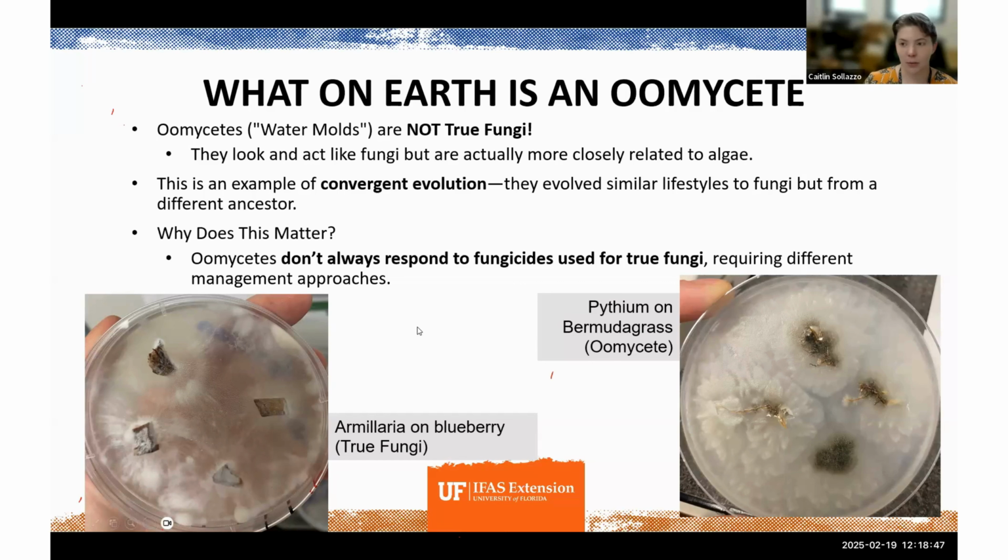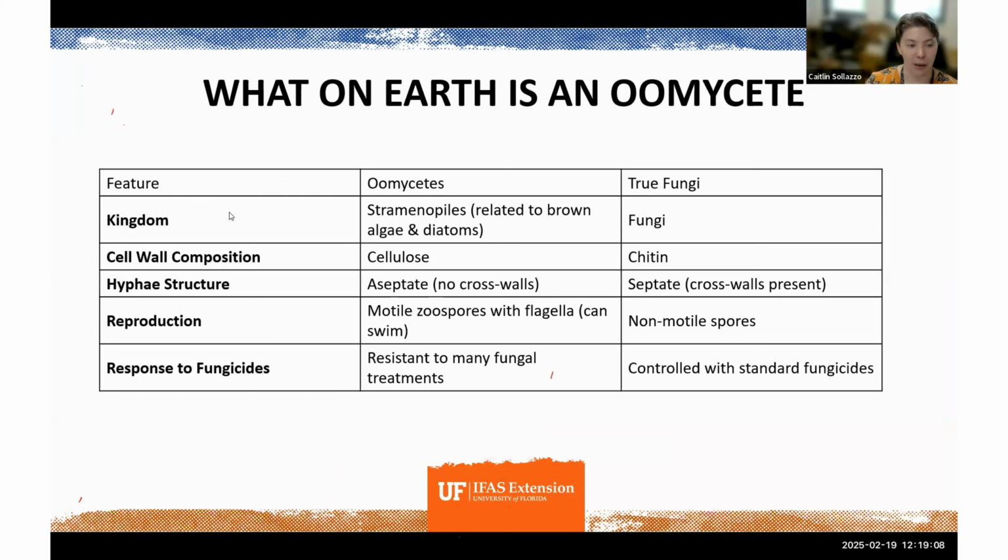But this is important for everyone to know because oomycetes don't always respond to fungicides the way true fungi do. So sometimes if you treat something with a fungicide and it's not working, it's because it's an oomycete. It is not a true fungus, even though it looks like one. And here's a little table.